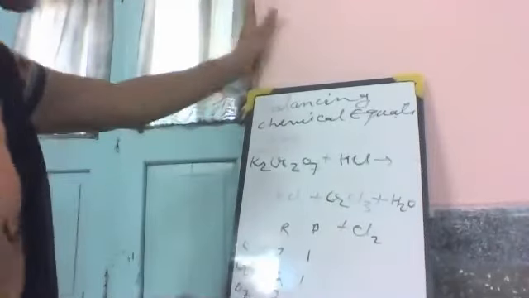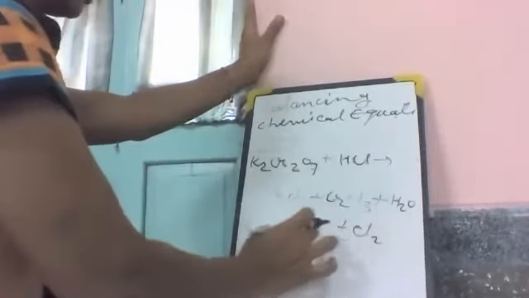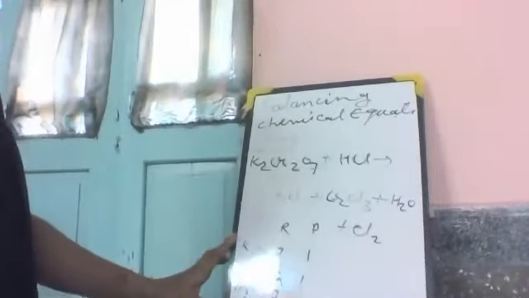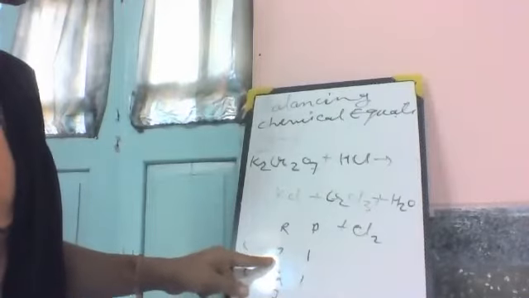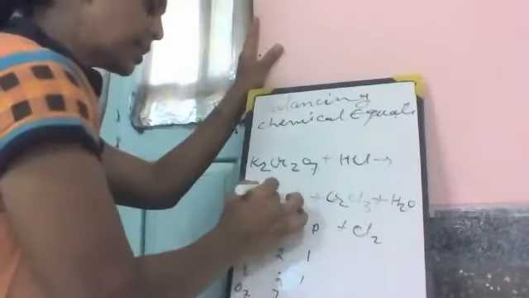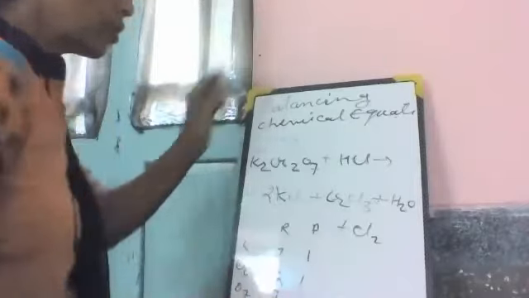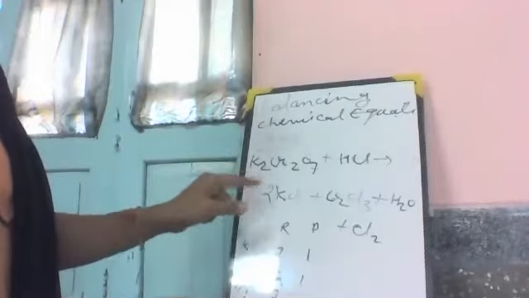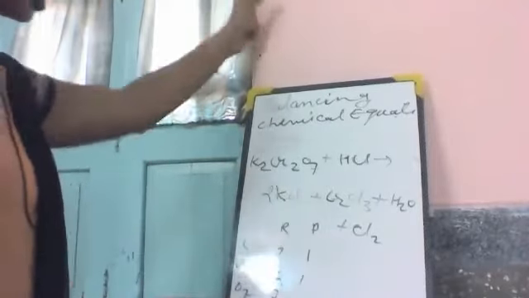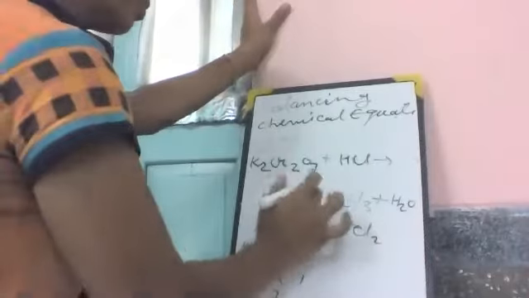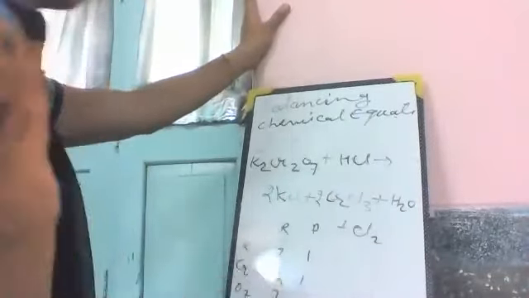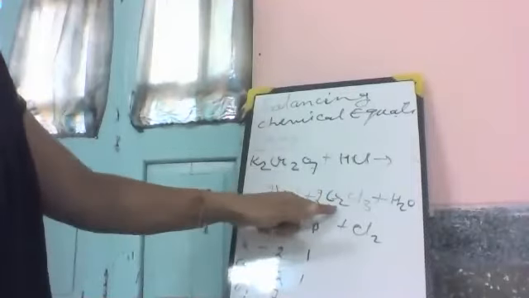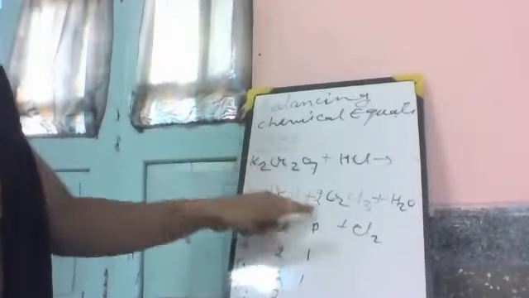And hydrogen is 1 and here is 2. To make them equal, first we have to multiply KCl by 2 to make it equal with the reactant. Now the chromium is again 2, so multiply chromium chloride by 2. After this, it becomes 2 and 2.